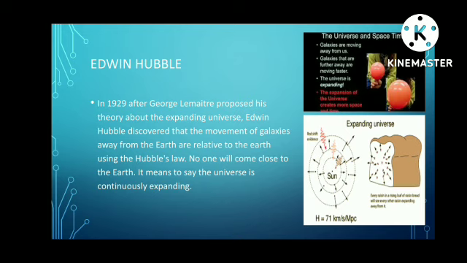Hubble's law has a formula: velocity equals the Hubble constant times distance, wherein the Hubble constant is equivalent to 71 kilometers per second per megaparsec.